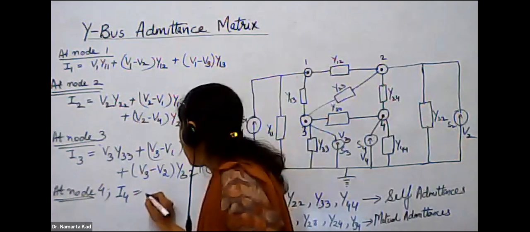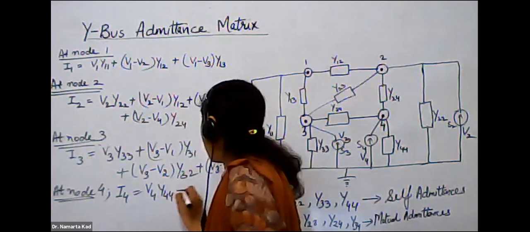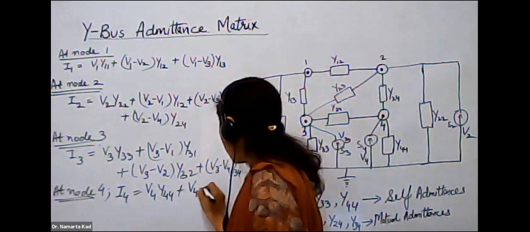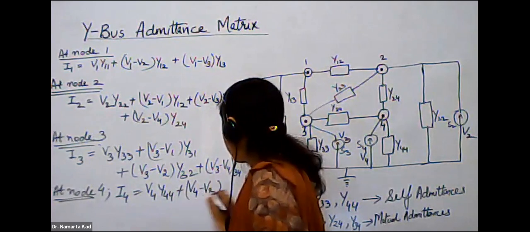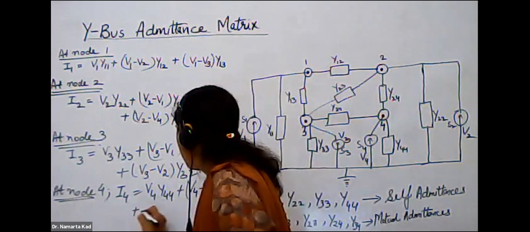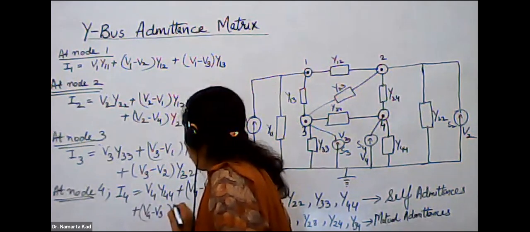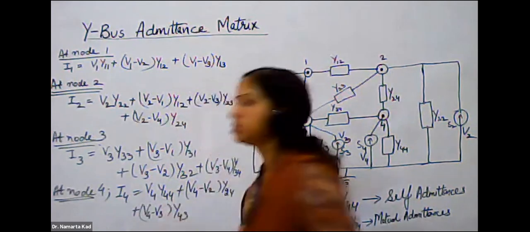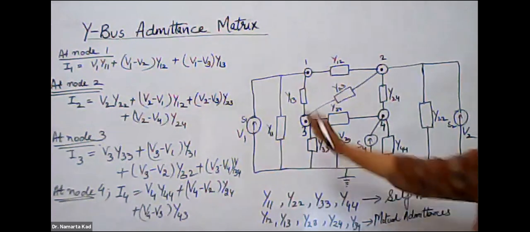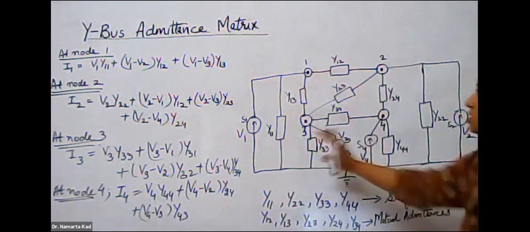So accordingly, it can be written as V4 Y44 plus (V4 minus V2) Y24 plus (V4 minus V3) Y43 or Y34, you can write accordingly. So these are the equations as per Kirchhoff's law for each node.